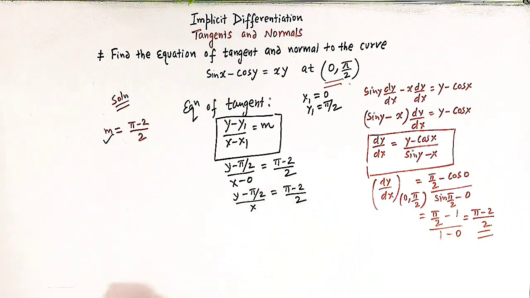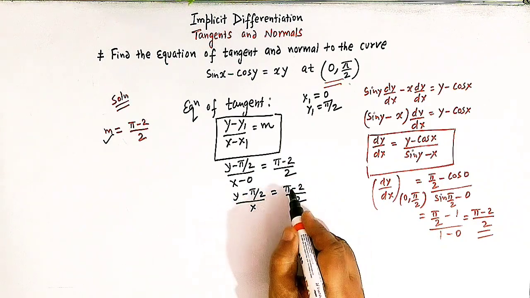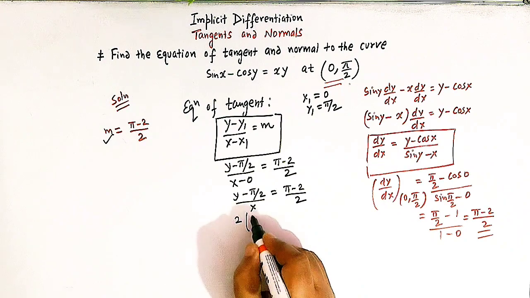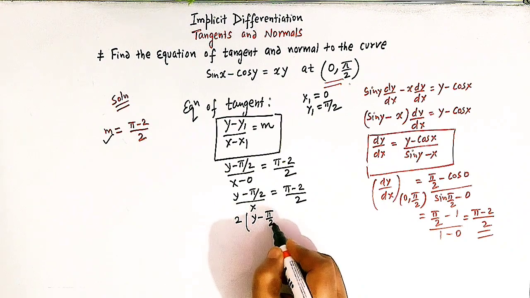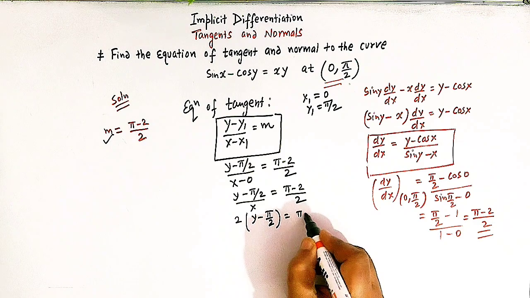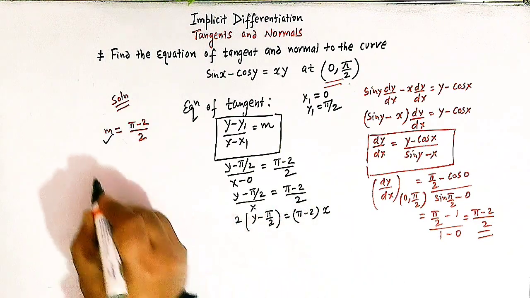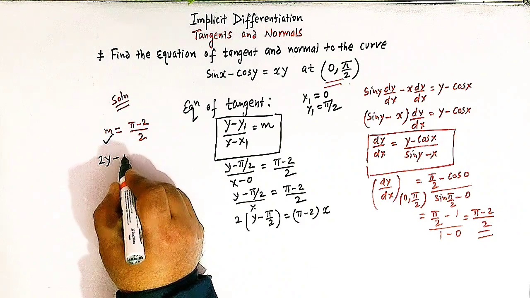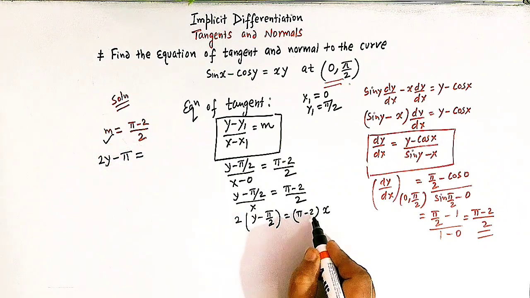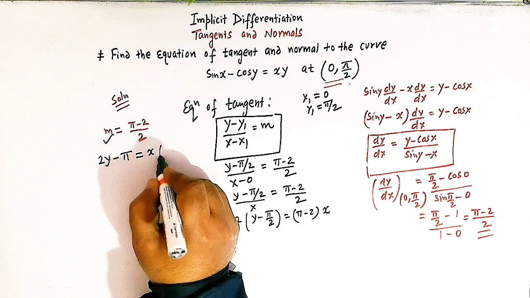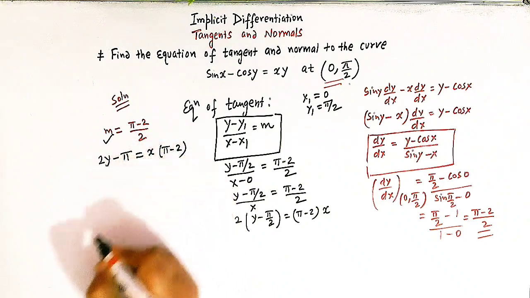So we can now write y minus pi by 2 over x is equal to pi minus 2 over 2. So cross multiplying, we have 2 times y minus pi by 2 equal to pi minus 2 times x, right? So we can now write 2y minus pi is x times pi minus 2, right?